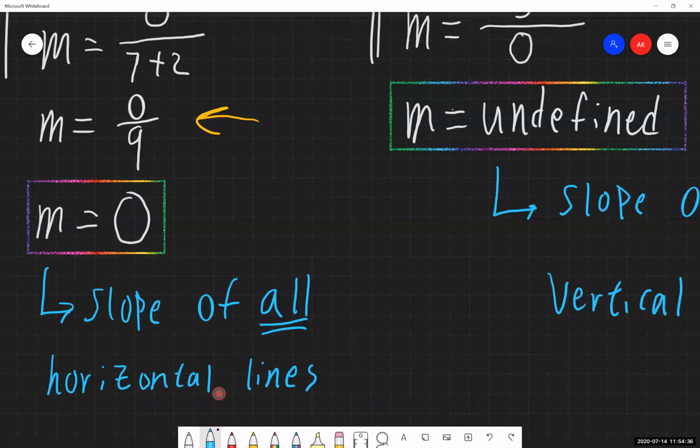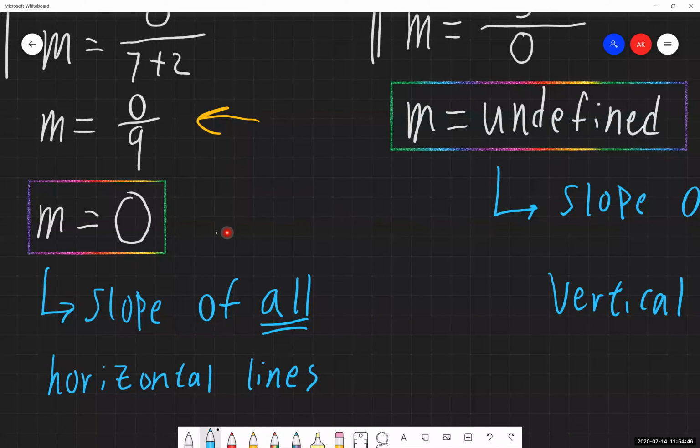And these are our two exception cases that are going to be showing up, where we have a vertical line, and then we have a horizontal line. But again, we're just going to be determining that at the very end after we have gone through and solved them the exact same way as we would any other one. We're just interpreting the final answer based on the information that we have been given is all.